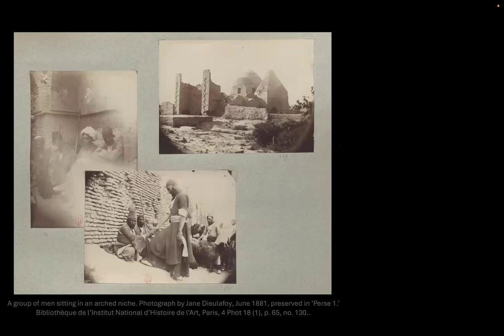In addition, there appear to be other spaces within the complex that are difficult to identify with the evidence currently available. One example is the area where a group of men is shown seated in a separate photograph. This photograph is mounted alongside the general view of the site, and based on Dieulafoy's description of men guarding the complex before her entry, it was likely taken at the Emamzadeh Yahya complex.